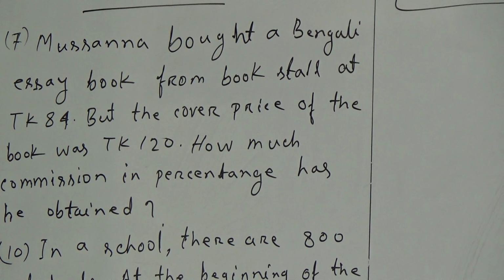Here, the written price was 120, but he bought the book for TK 84. That means at first you have to find out how much commission he got. If we subtract 84 from 120, then we can get it. Now the question is, how much commission in percentage has he obtained? That means in 100 taka, how much commission has he obtained?